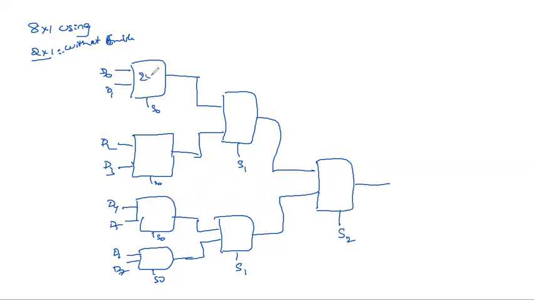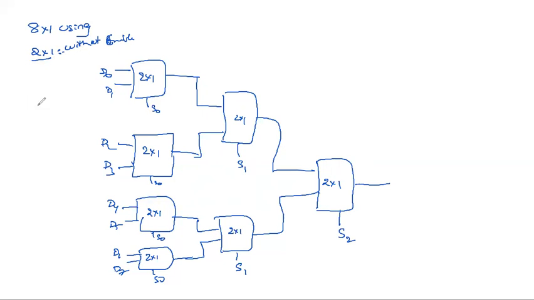All are 2 by 1 muxes only. This is the 8 by 1 using 2 by 1 multiplexer without enable.